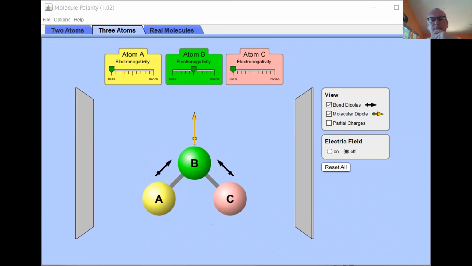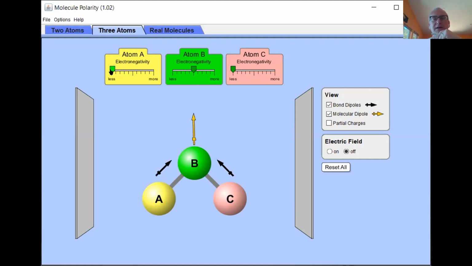Which other atom? Because I tried moving the electronegativity of atom A to more, and then the molecular dipole goes with it. But watch what happens.